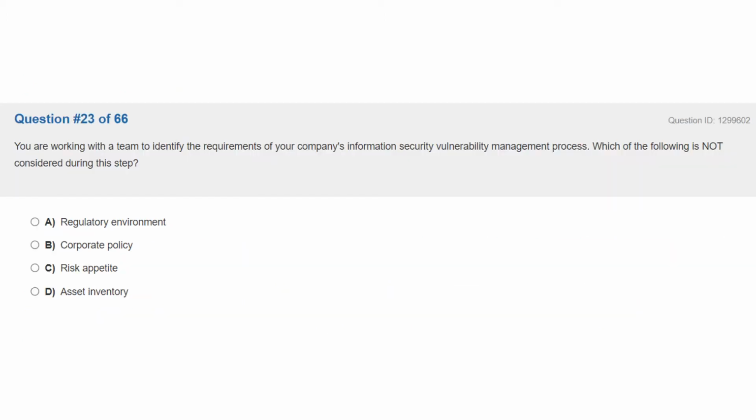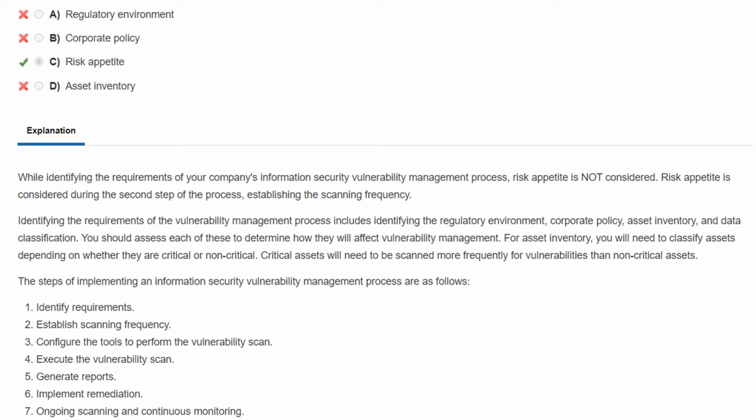Question 23. You are working with a team to identify the requirements of your company's information security vulnerability management process. Which of the following is not considered during this step? The correct answer here is C, risk appetite.